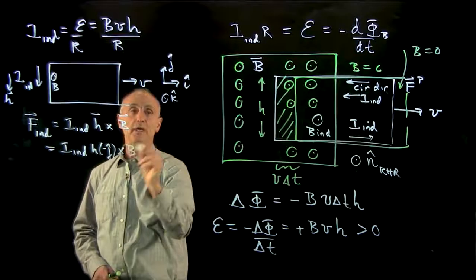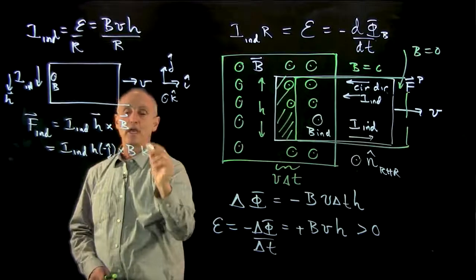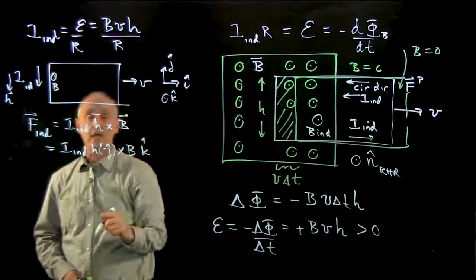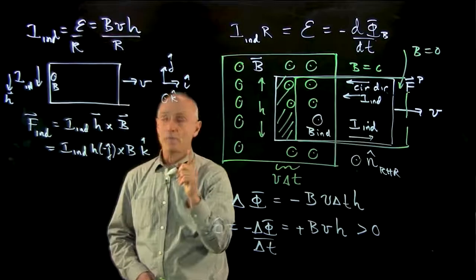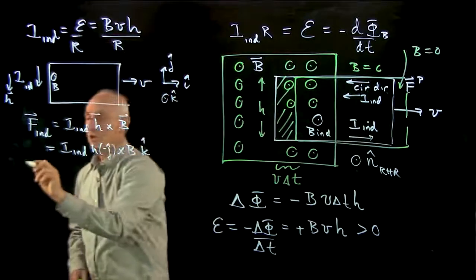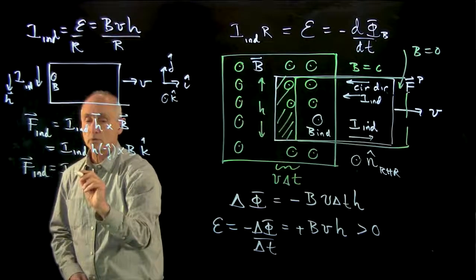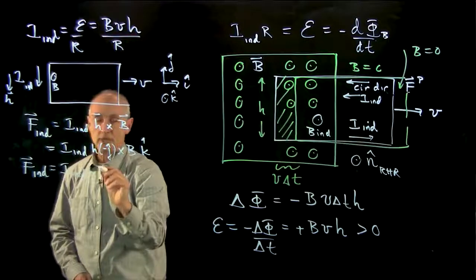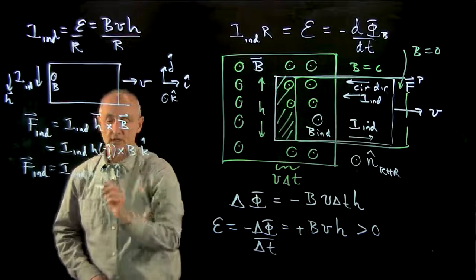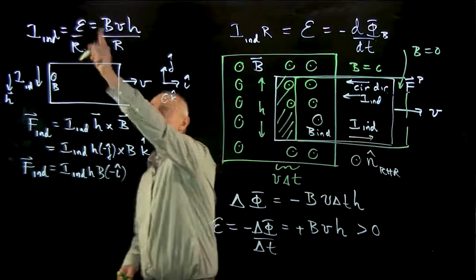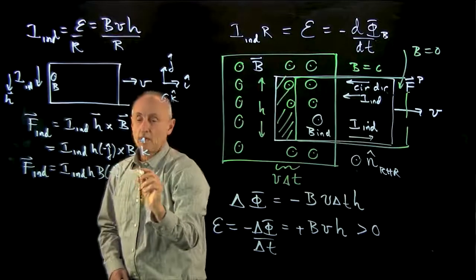I'm crossing that with B in the positive k hat direction, and j hat cross k hat is i hat with a minus sign. So what I'm getting is an induced force equal to I induced h B in the minus i hat direction. And I've calculated this induced quantity.